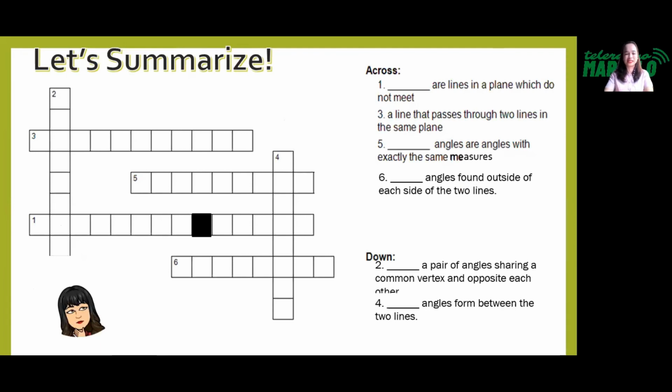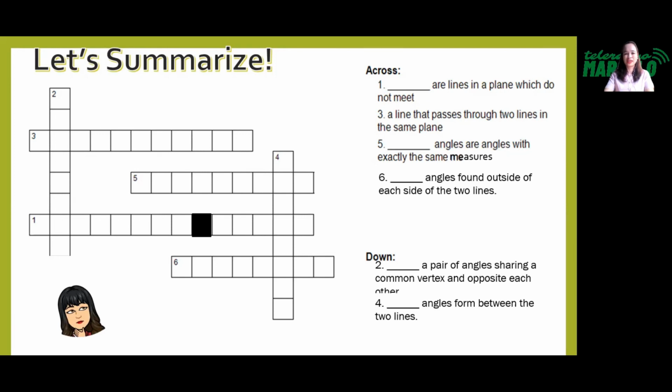So let us summarize the lesson that we go through by answering this crossword puzzle. So we will begin with all the numbers across, followed by all the numbers down. For number 1 across, blank are lines in a plane which do not meet. So what are those lines?